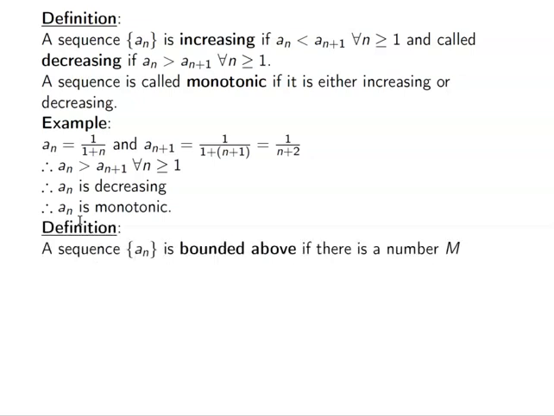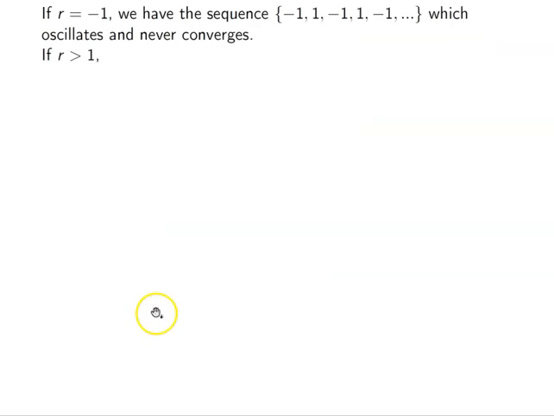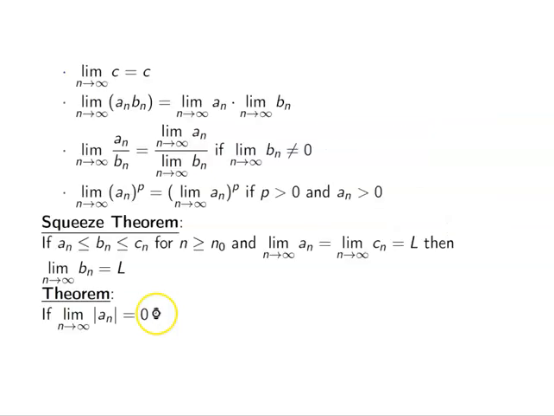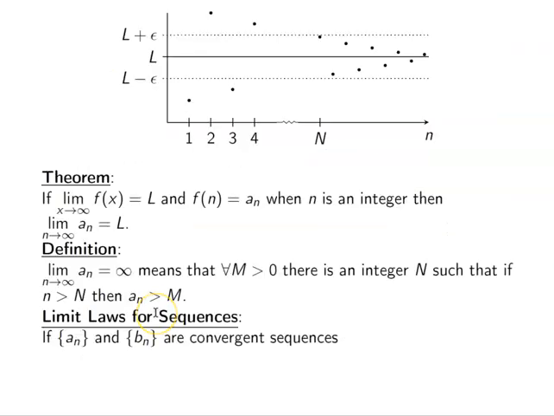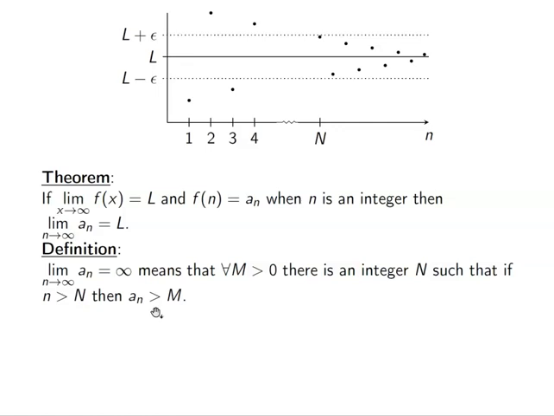Let's look at another definition. A sequence is bounded above if there's a number M such that my sequence is always less in value or equal to that bound. I was trying not to use the term bounded, but that is what this definition means, right?